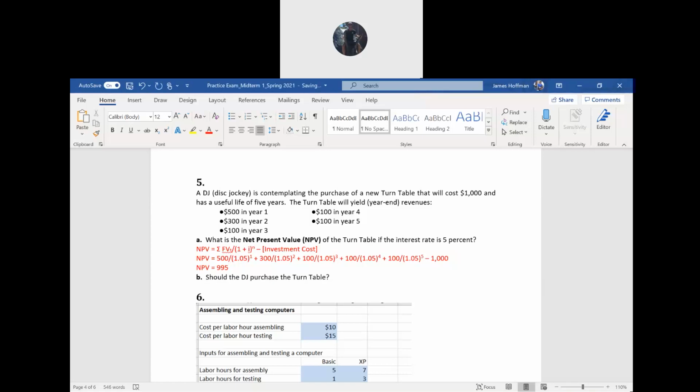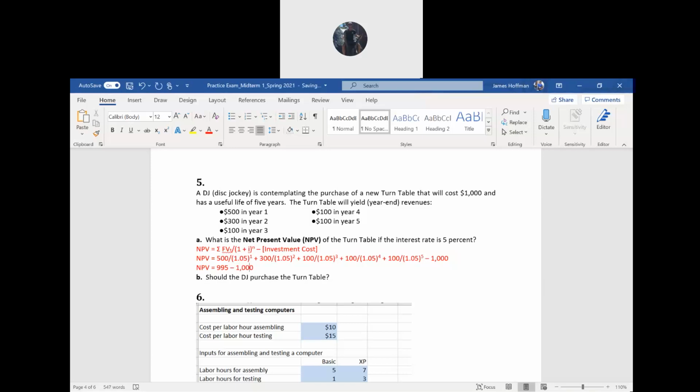Okay, I got about $995 for the payments, and then if you subtract 1,000, you can see that it just wasn't worth it. It came a little less than worth the investment cost.